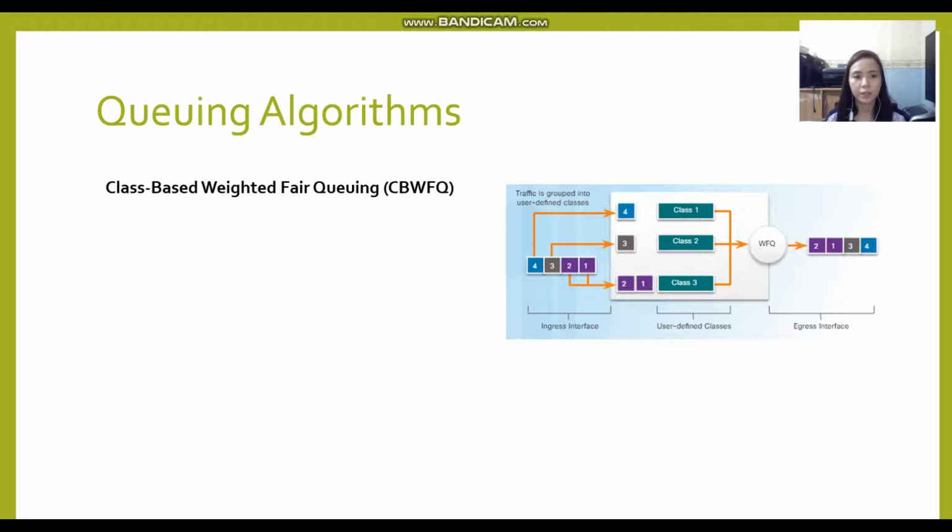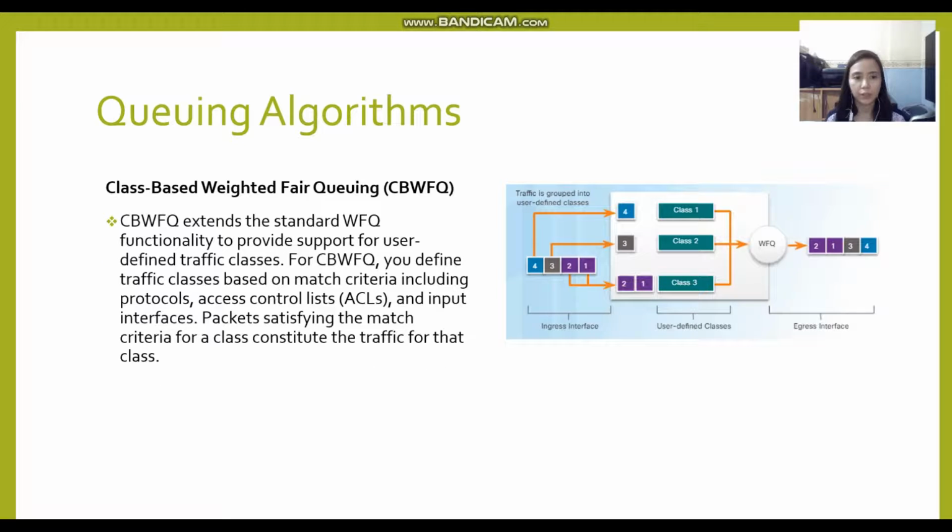And then the other one is the class-based weighted fair queuing, wherein it extends the standard WFQ functionality to provide support for user-defined traffic classes. For CBWFQ, you define traffic classes based on match criteria, including protocols, access control lists or ACLs, and input interfaces.